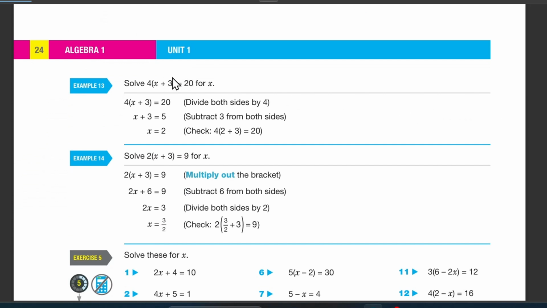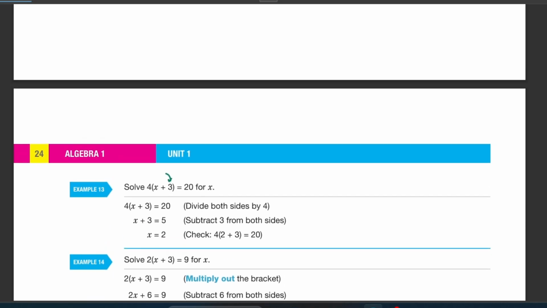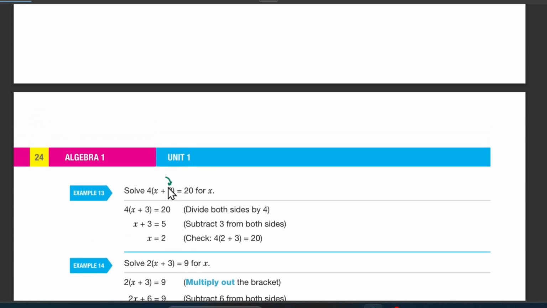Okay. And in example 13, now also we have to do two things. But we have to identify what is the first thing to do. So you can see here we have a bracket, no? We have a bracket. So to get rid of the other things and isolate x, the first thing to do now is get rid of this 4 because it's affecting x and this 3 that is added to x.